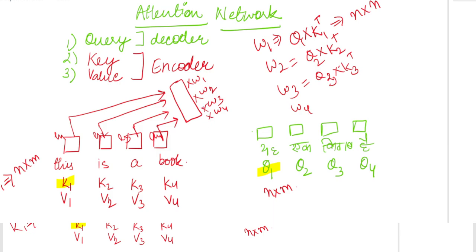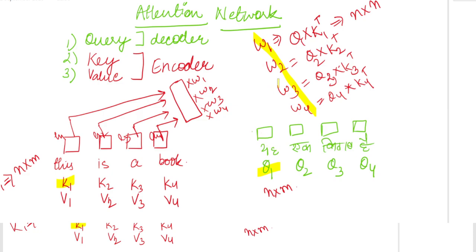First of all, we apply softmax to all these weights. Why do we do that? We want the weights to be probabilities.